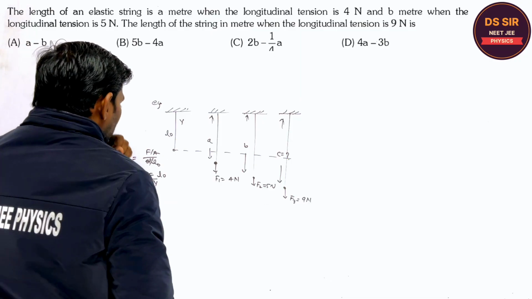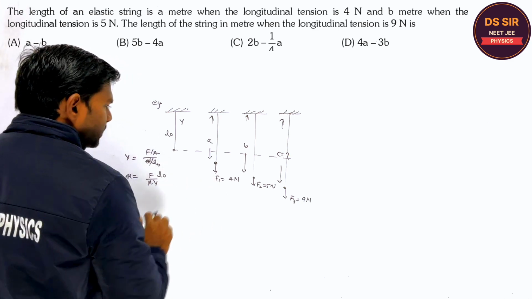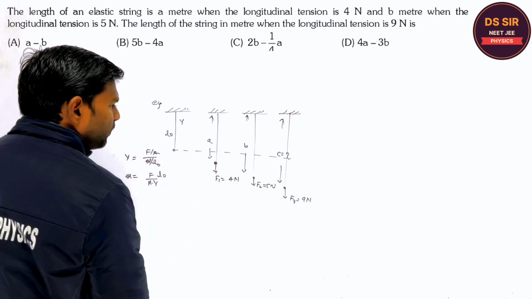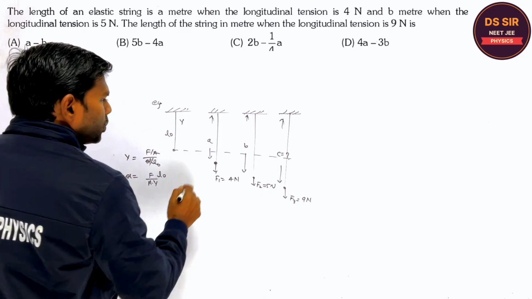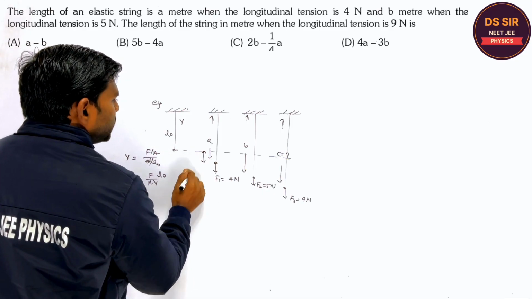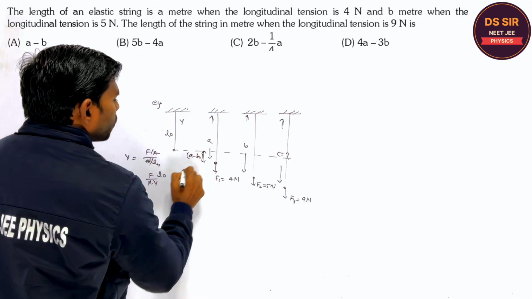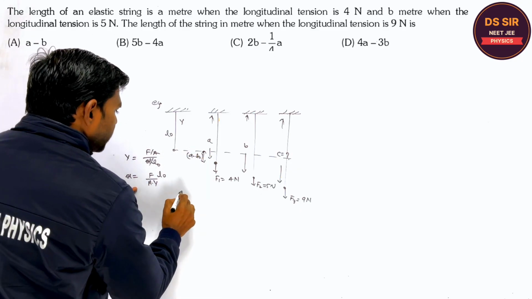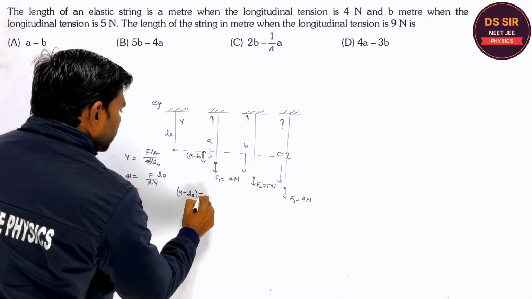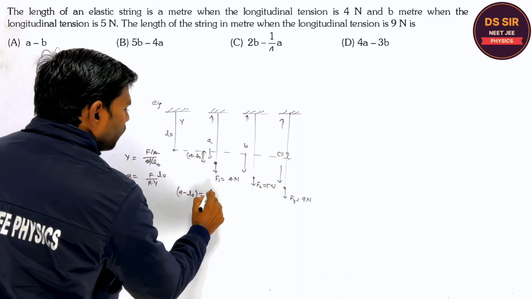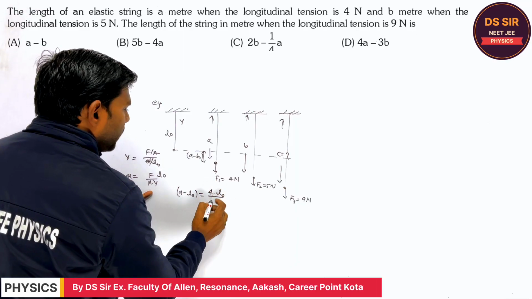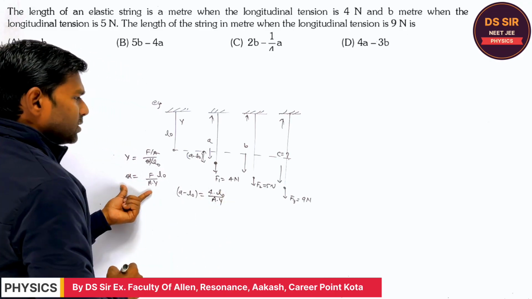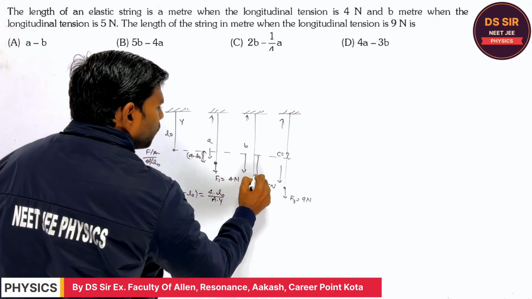All right. So in this case, when the force is 4 Newton, the length is how much? A. So what is the elongation? Say it is A minus L naught. So therefore, in this case, A minus L naught is equal to force, 4 Newton into L naught, divided by area into Young modulus. In this case, what is the length?